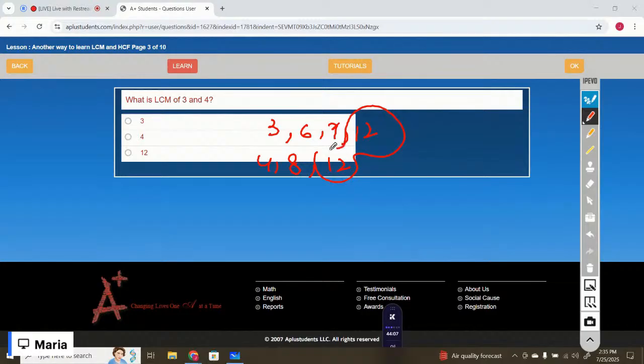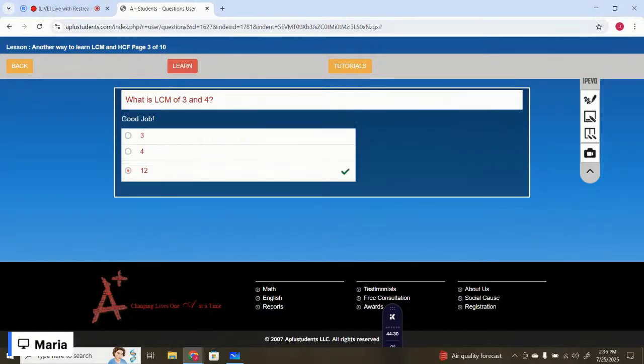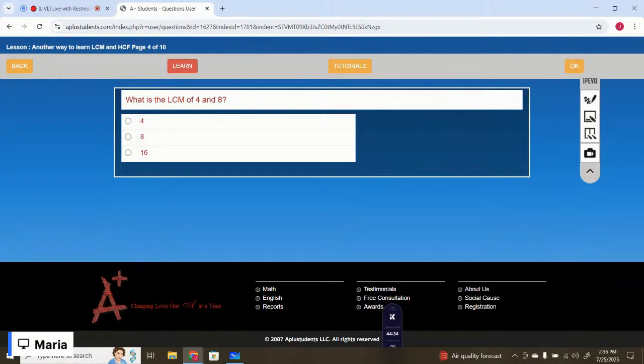So the least common multiple is 12. What is the LCM of 4 and 8? So which is the correct option?